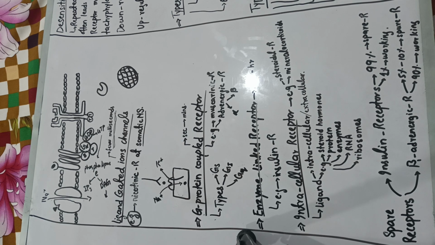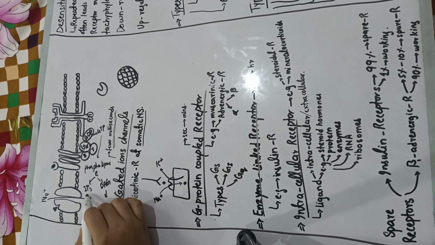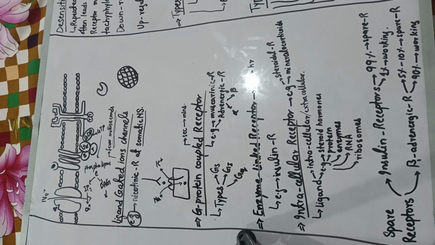And IP3 is responsible for increasing the calcium intake, and whenever the calcium is taken in, calmodulin in the secondary messenger system will be activated and perform a particular kind of reaction.